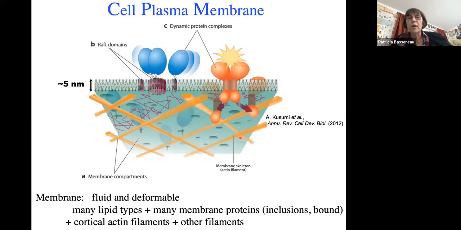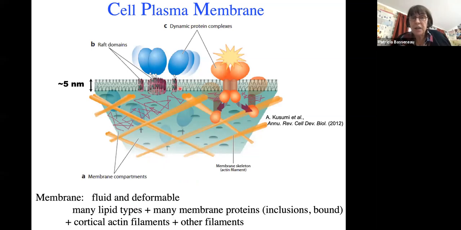The current view of the plasma membrane around the cell is given by this cartoon. The main property of a membrane is that it's fluid, meaning that the proteins in the membrane can diffuse like in a liquid. But in addition, it's a fluid which can be deformed in the Z direction.